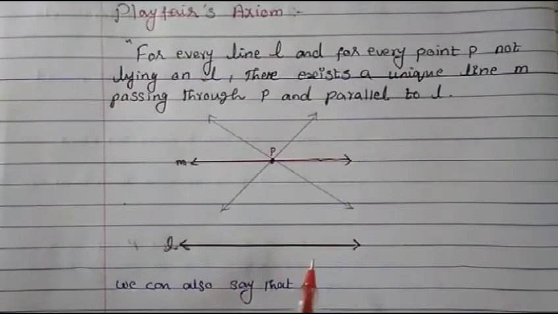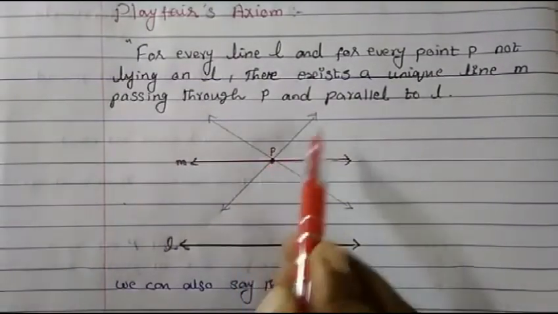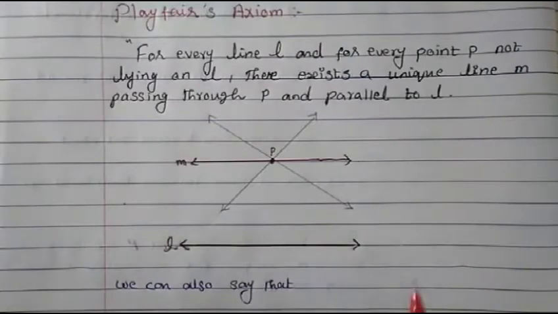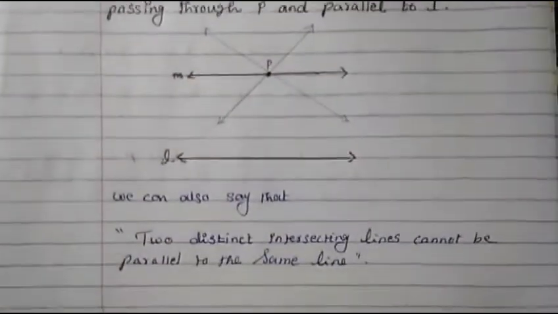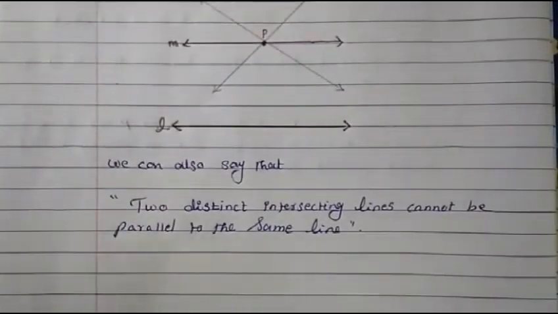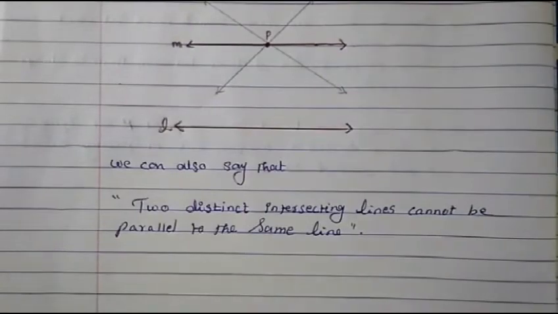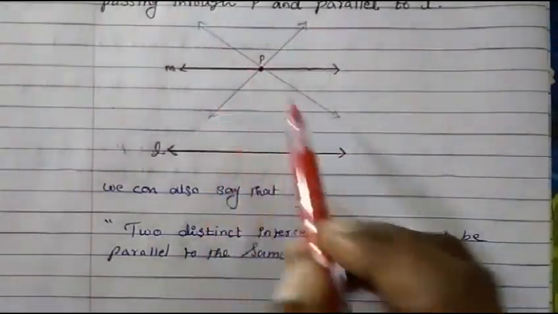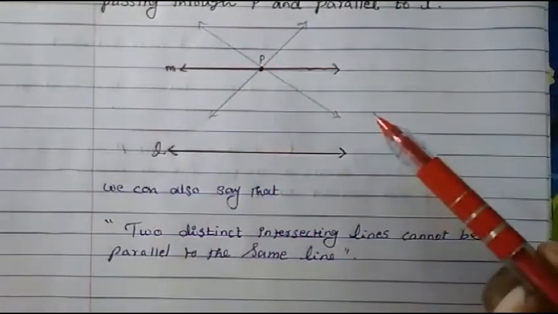So that means, through one point many lines are passing, but there will be only one line which can be parallel to the other line, in short. Now from there we can also say that two distinct intersecting lines cannot be parallel to the same line. So if you see here, you have intersecting lines, so they cannot both be parallel to the same line.